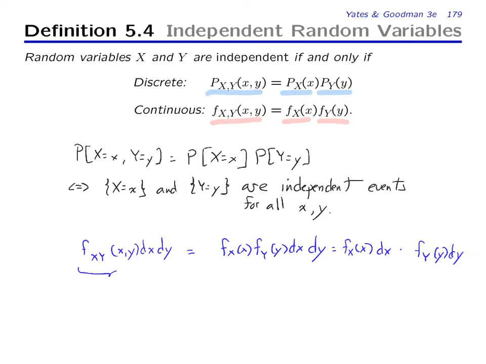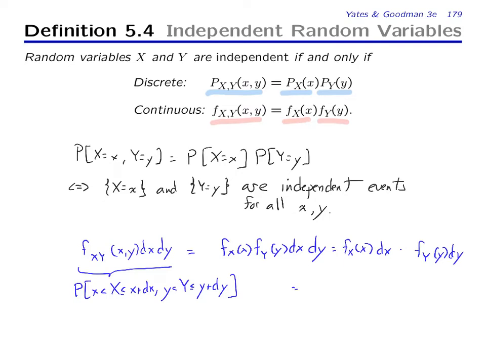Over here on the left side, we really have the probability that x is between x and x plus dx, and y between y and y plus dy.